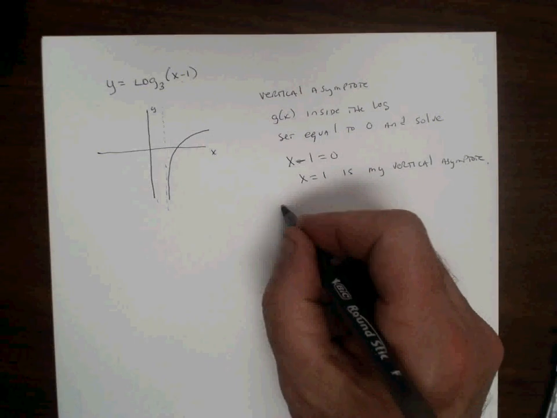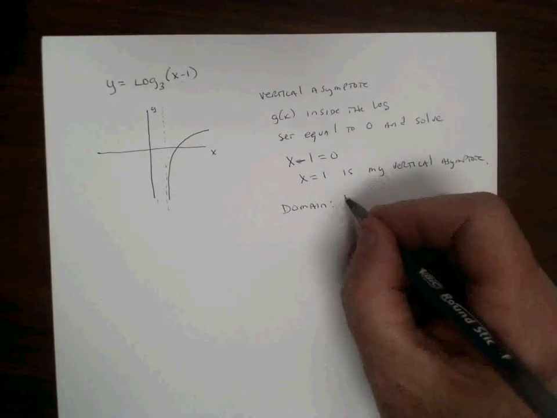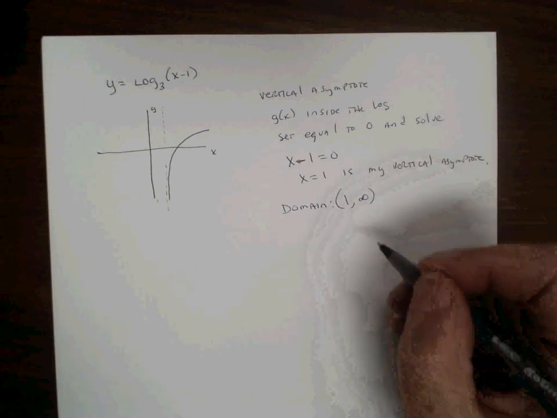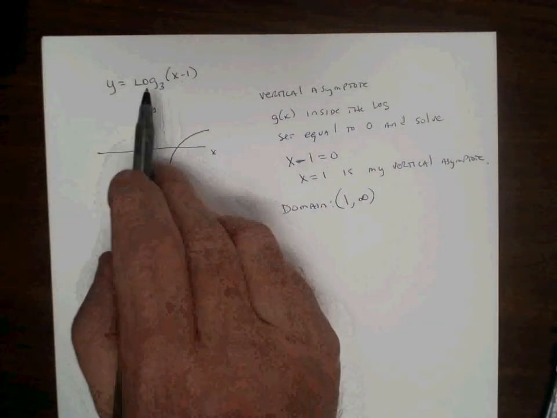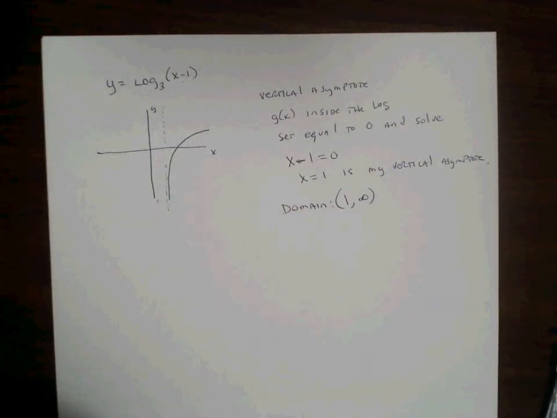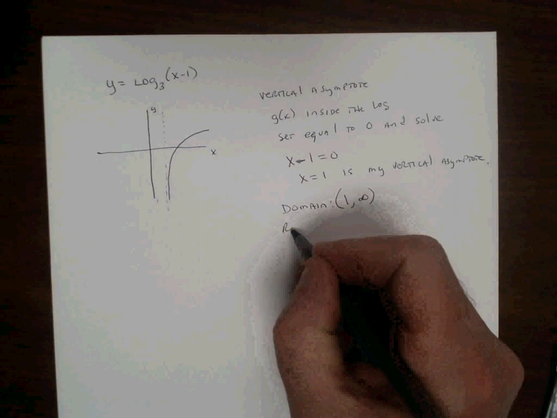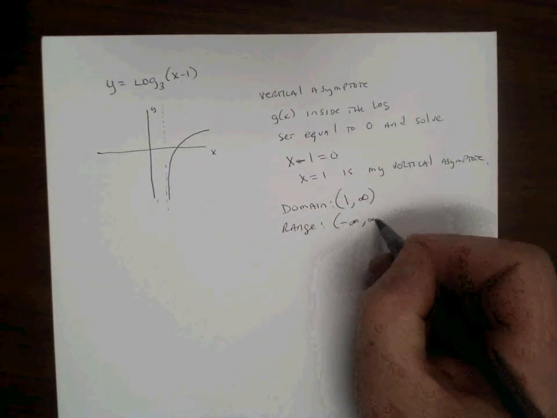That's also going to be the boundary for the domain. So in this case, the domain is going to go from 1 to infinity, not including 1. Remember, it would have gone from 0 to infinity if it had just been log base 3 of x. We shifted it 1 unit to the right, so it makes sense that our domain changes from 1 to infinity. Our range is still negative infinity to infinity.